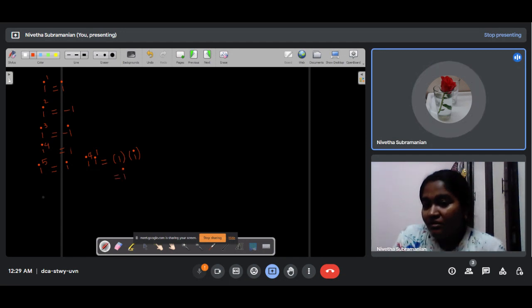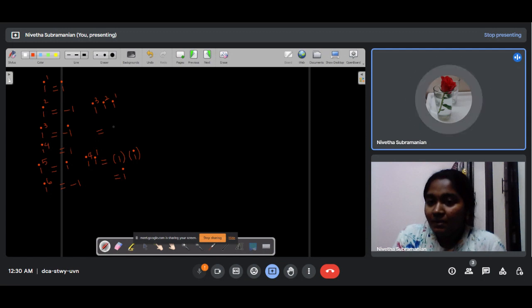So i power 6, when I find, I will get the value as minus 1, because i power 6 means I can take the product of i power 3, i power 2, i power 1. So when I take these three products, I will get the value as minus i into minus 1 into i.